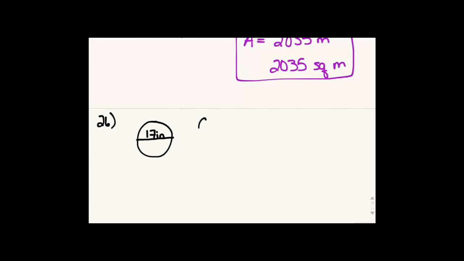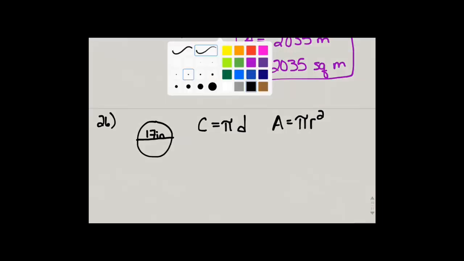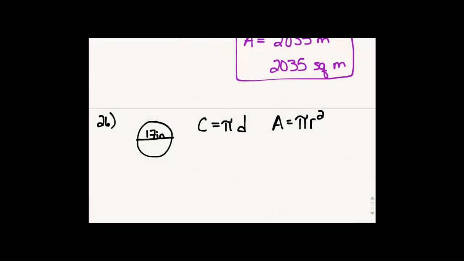So circumference is equal to pi times the diameter. And we'll go ahead and write down the area formula for the other part. It's pi radius squared. And so the circumference in this case is just pi times 17, which is 17 pi inches. The circumference, very simple, very straightforward.